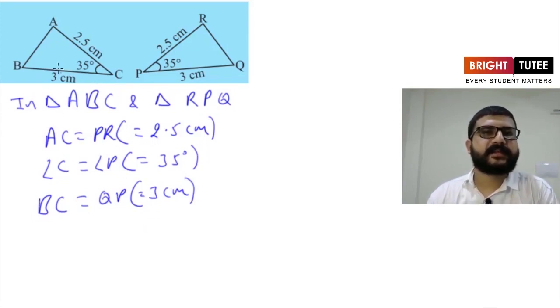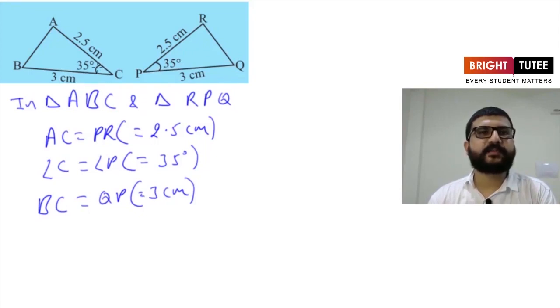Now see here, in triangle ABC, two side lengths we are considering are AC and BC. So the angle included between these two sides is 35 degrees, which is angle C. And from triangle RPQ we are considering RP and QP, and the angle included between them is also 35 degrees.